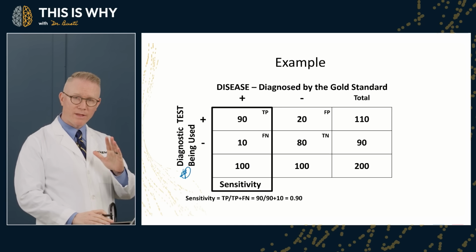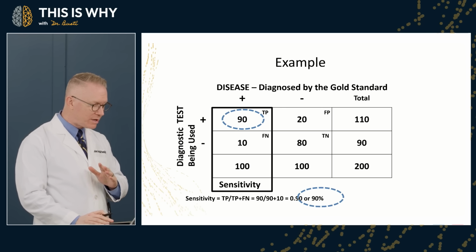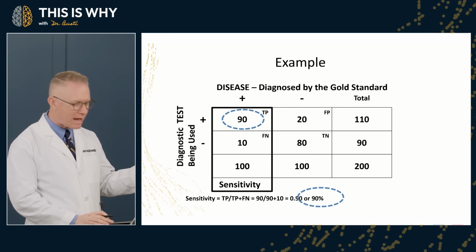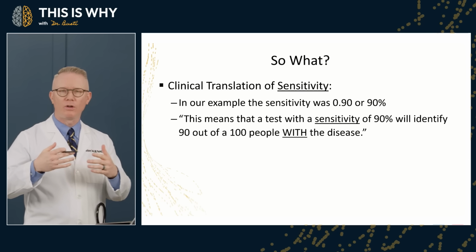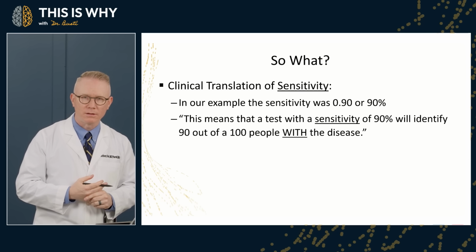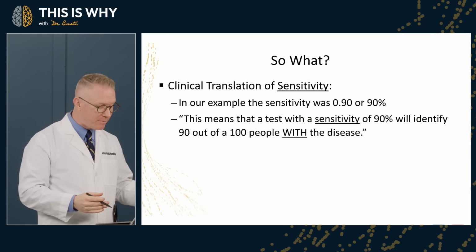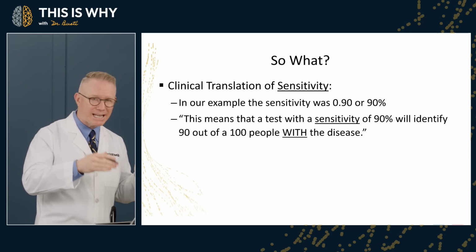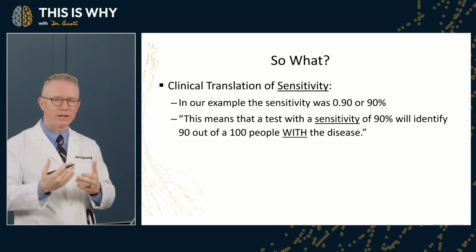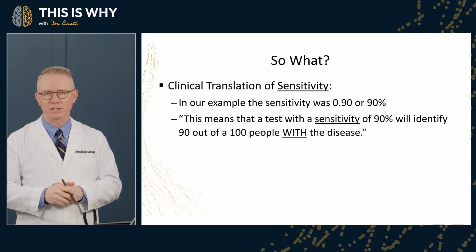Okay? Now we'll talk about the interpretation here in a second. But you can almost see that because there were 10 away from the 100, it should match up in your head. So what is the clinical translation? The so what? What do I do with that? So our sensitivity was 0.9 or 90%, and that means that a test with a sensitivity of 90% will help you as a clinician identify that 90 out of 100 people will have that disease.